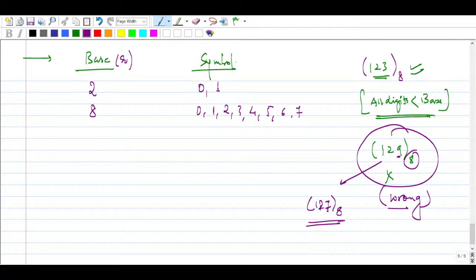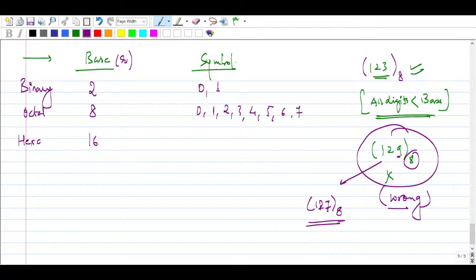So base 2 is known as binary. That is what my computer understands. And this is octal, base 8, and we'll talk about 16, which will be hexadecimal.